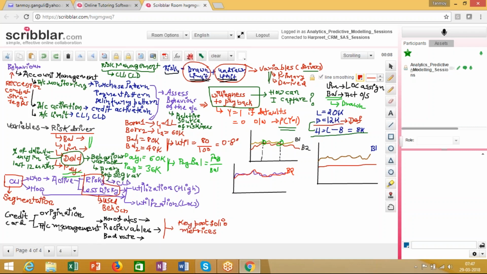So there are these different kinds of things, right? These are very key portfolio matrices. If you have worked with banks, try to know what these key matrices are, because in any interview, when they try to understand whether you have worked on a project or not, they do not ask you generic technical questions, because technical questions are something which someone would be able to defend if they have had theoretical training.